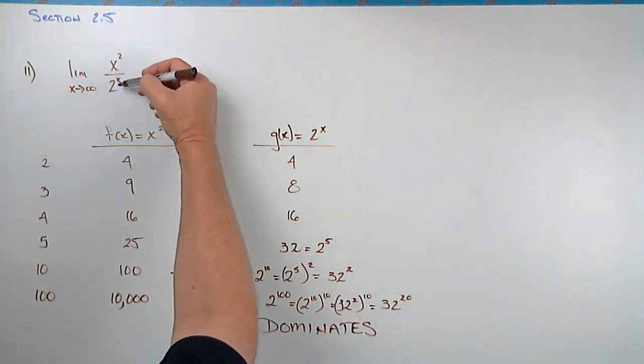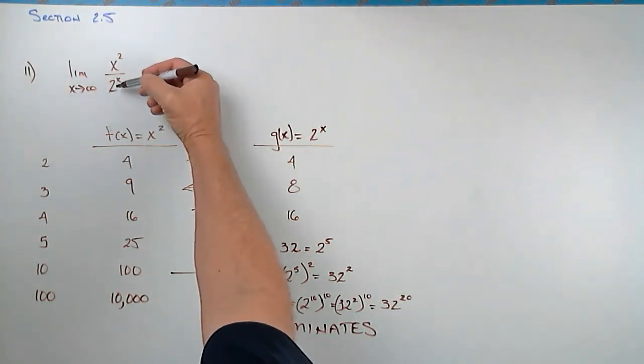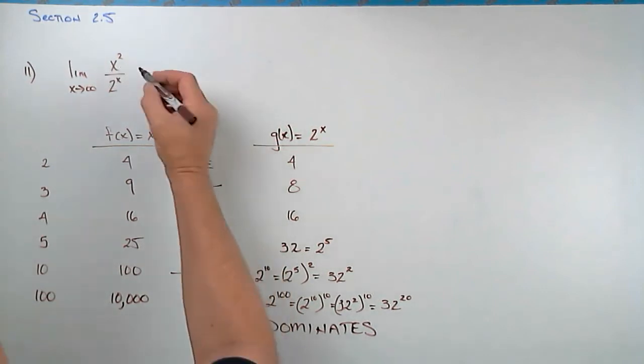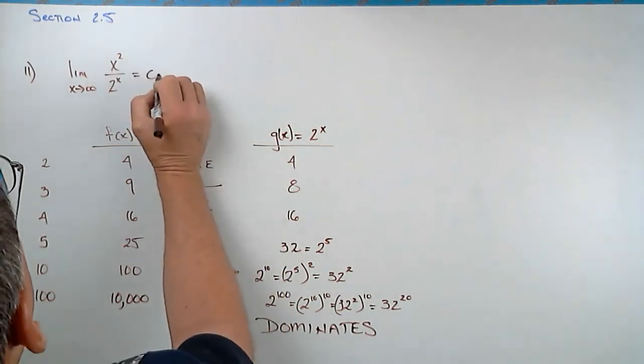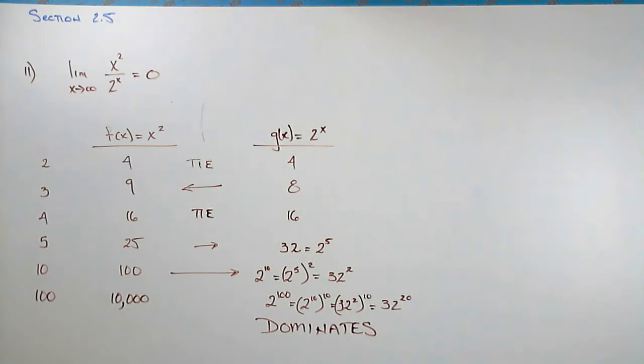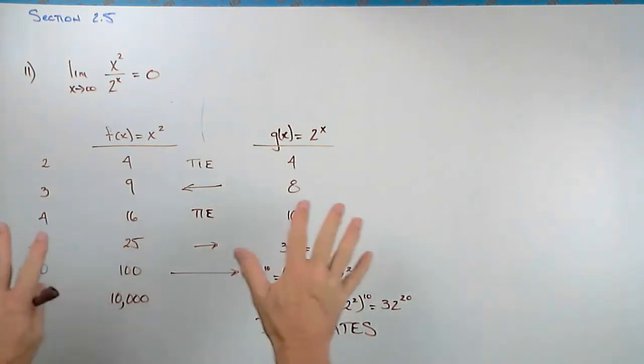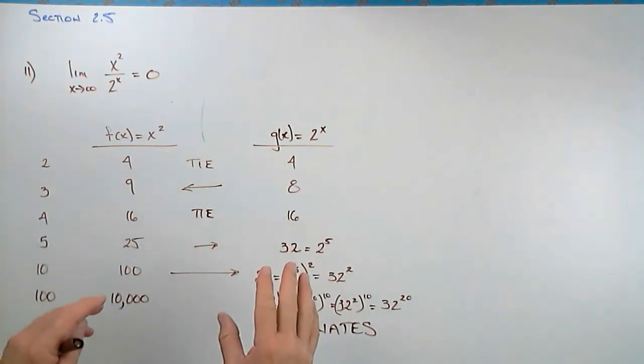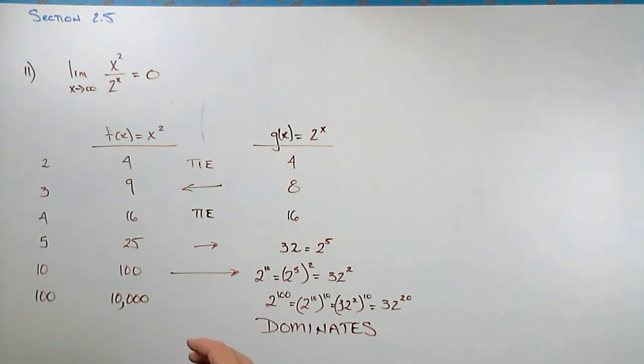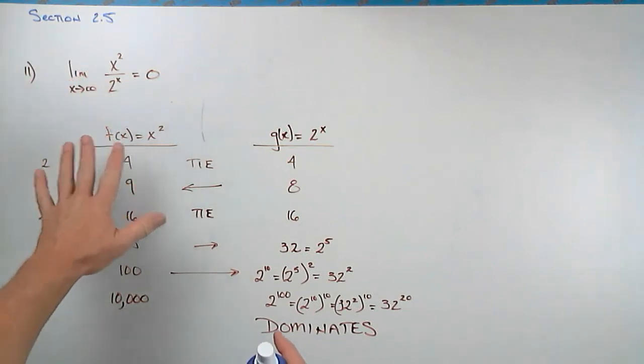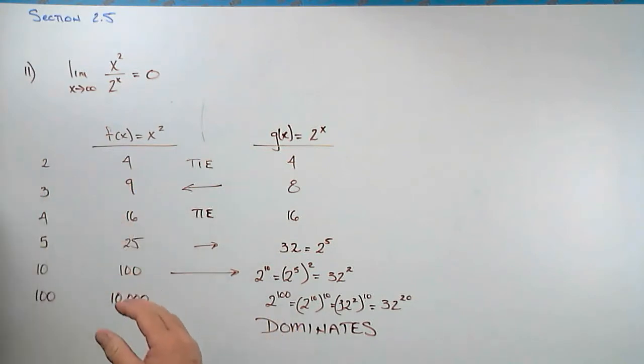So if the denominator is growing faster than the numerator, then this is going to equal 0. This is the kind of analysis they want us to do in a calculus class. In this case, it's just an investigation of these two functions.